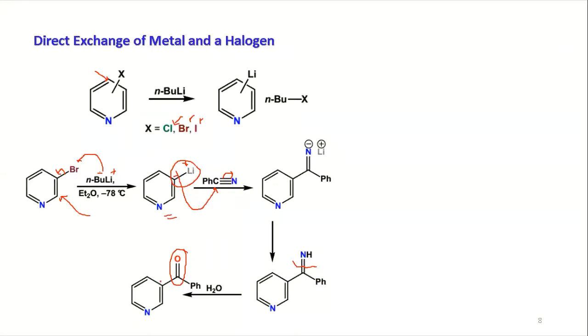So you have negative now here, and that is reactive. Okay, so in this case, you are installing the imine group, and then the imine you can easily do hydrolysis to generate the ketone. Okay, so you can do the acylation reaction this way.